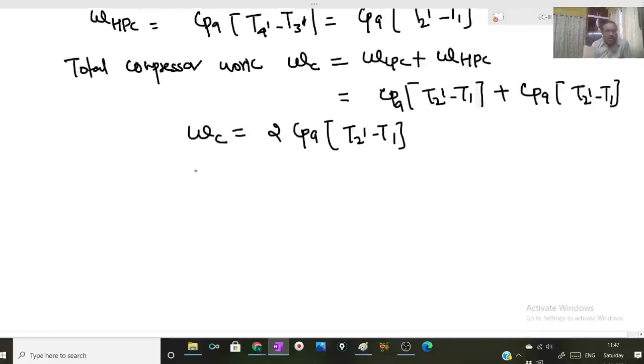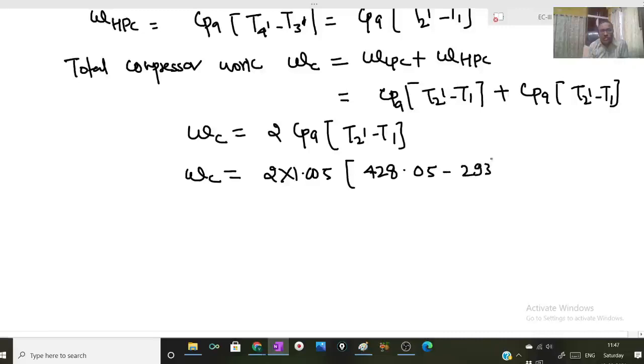So I can calculate this total compressor work: twice into 1.005 into (428.05 minus 293).